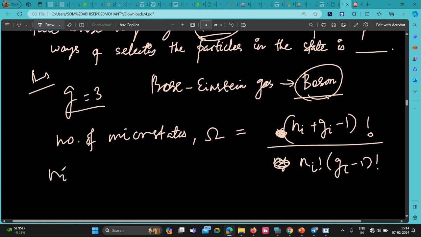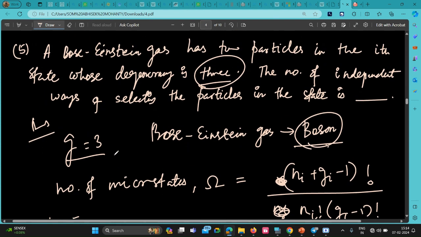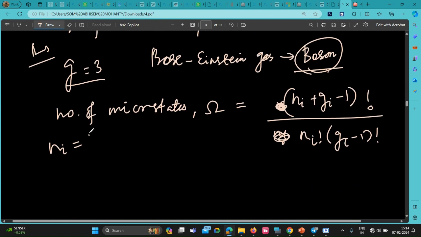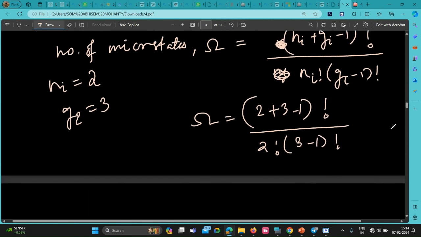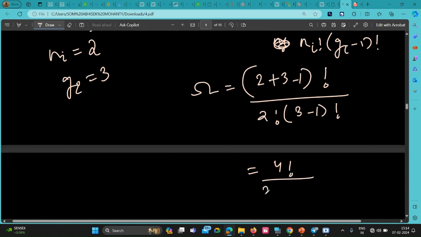So here Ni is 2 because there are two particles, and Gi is 3. So omega will be 2 plus 3 minus 1 factorial divided by 2 factorial times 3 minus 1 factorial. So 5 minus 1 is 4 factorial divided by 2 factorial into 1 factorial, that is 24 by 2, that is 12.